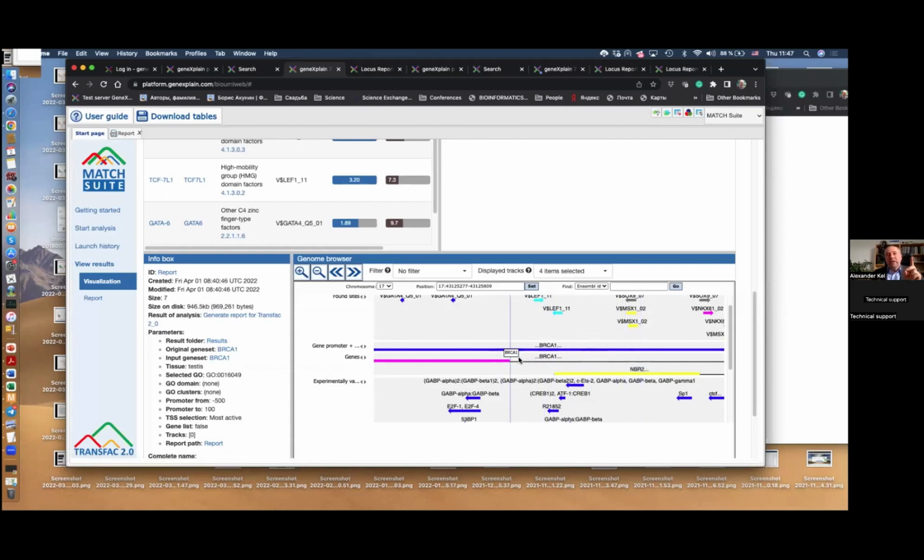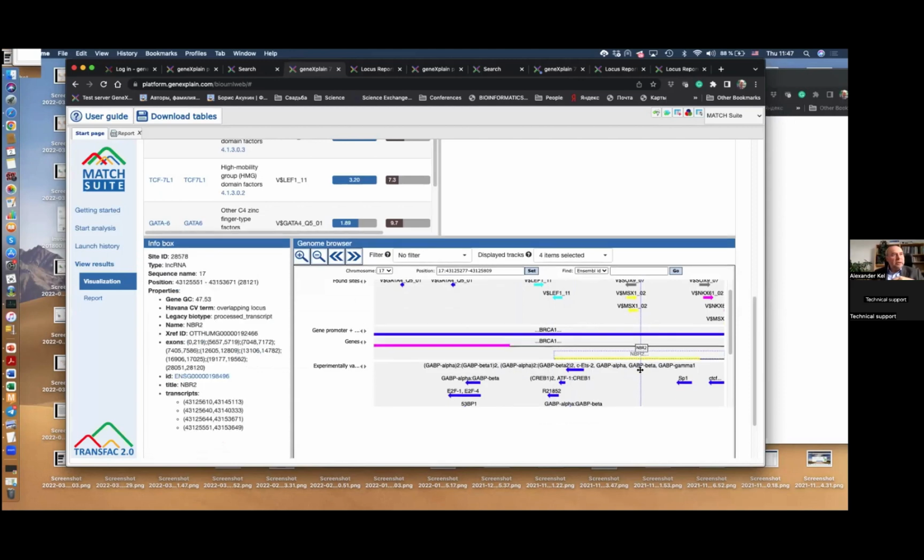You see BRCA1 goes from left to right, and NBR2, or it's even longer, it's actually a long non-coding RNA gene, goes in a different direction. And in between, there might be a region which regulates both genes. So it's a kind of bidirectional promoter, some people call it. And it may have different binding sites.